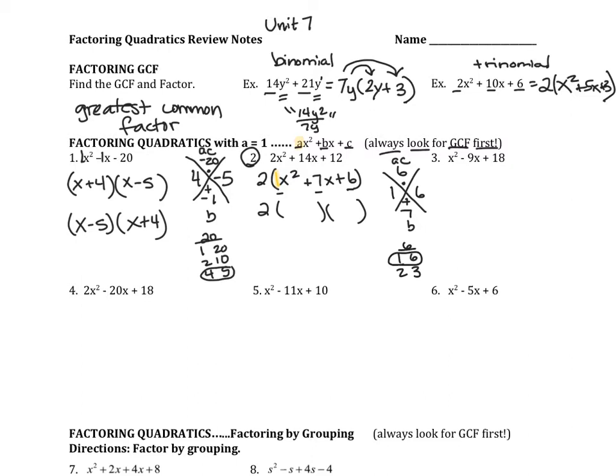So it looks like those two numbers work. So I'm going to write them in my parentheses, and it doesn't matter which one I use first. I'll use the 1 first. And my answer would be 2 times x plus 1 times x plus 6. If you're worried you did it wrong, I would box or FOIL the x plus 1, x plus 6, and then multiply a 2 times all 3 terms, and you'll have your original problem back.